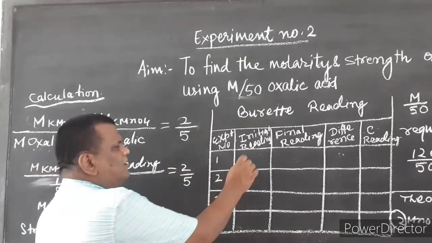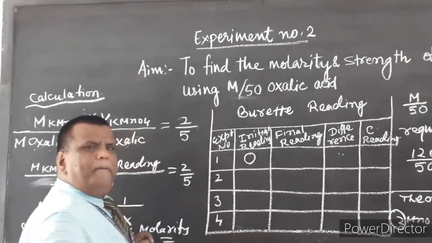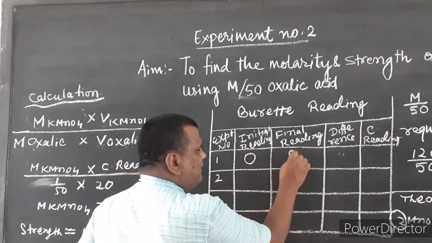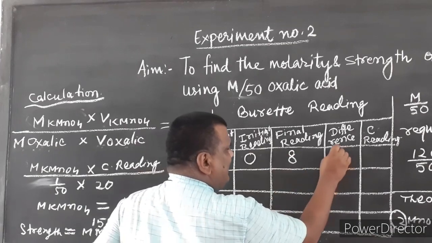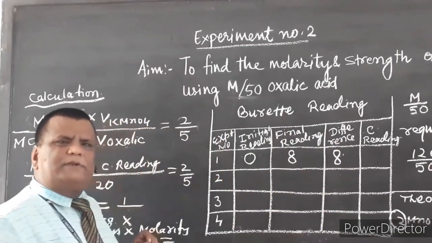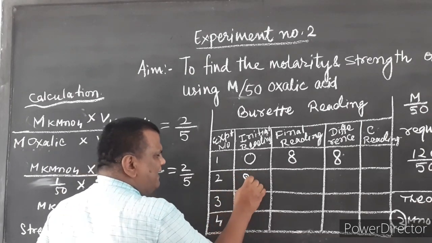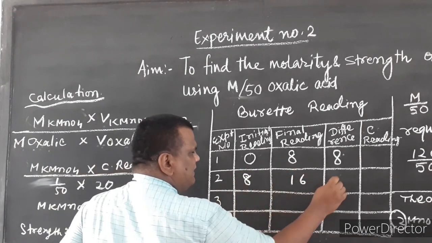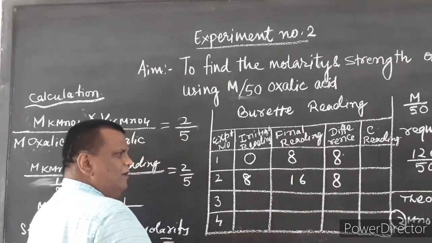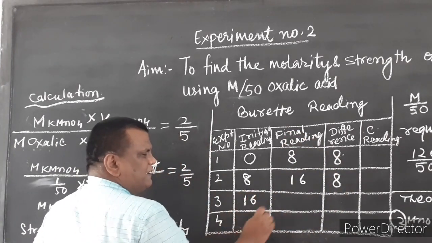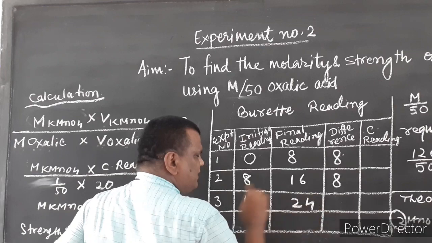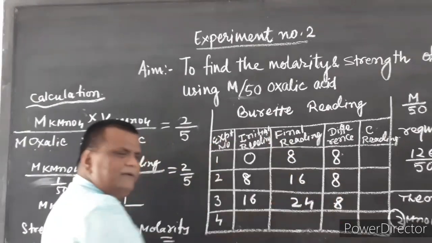You can see initial reading was 0, final reading is 8, difference is 8. Suppose in the second experiment, initial reading is 8, final reading is 16, difference is 8. Initial reading is 16, final reading is 24, difference is 8.